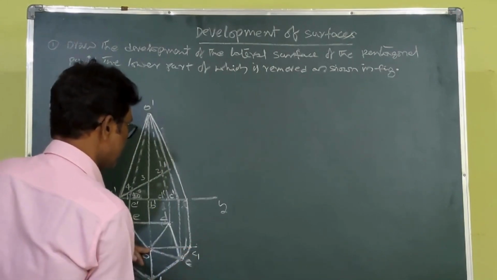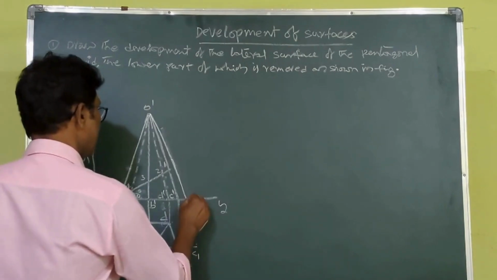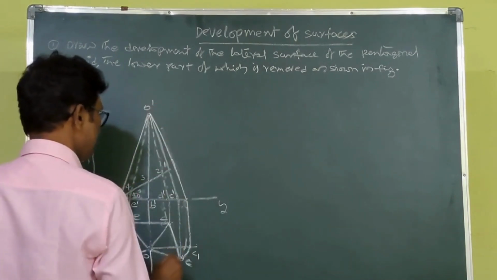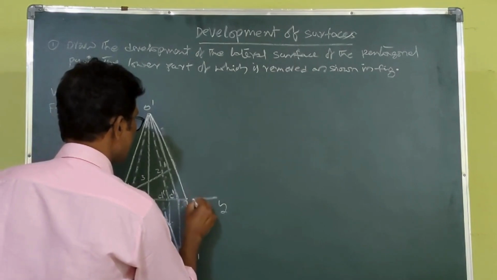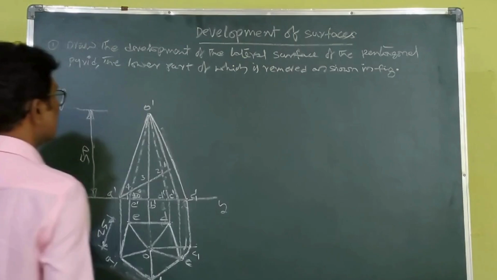Let us say C1. From this I have drawn a projector here, and this point is C1 dash.